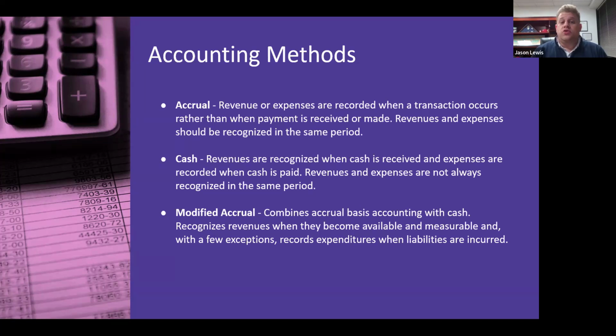First and foremost is accrual. This is when we have revenues or expenses that are recorded when a transaction occurs rather than when a payment is received or made. Revenues and expenses should be recognized in the same period. So what does that particularly mean? That means that if you have, let's say, a landscape contract where you are making equal installments of $1,000 a month, regardless of whether we pay two of those invoices in the same month, let's say we get one particular invoice that shows up mid-month, and then we get an early invoice for the following month.